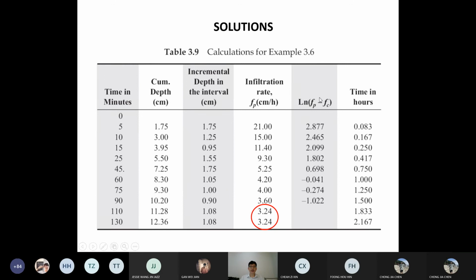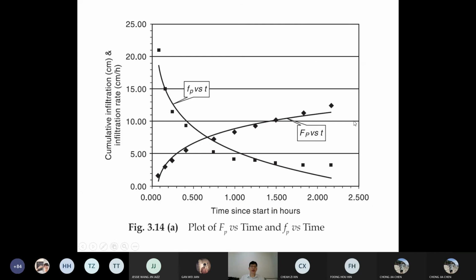After that we consider the times and get the logarithm of fp minus fc, because of all this data. And this is the time in hours. So you can see we are able to plot the graph. The graph is always small f. Small f is always like this: initially the soil is not yet wet and is able to absorb a lot of water. After the soil gets wet, the curve should stay constant and not change.